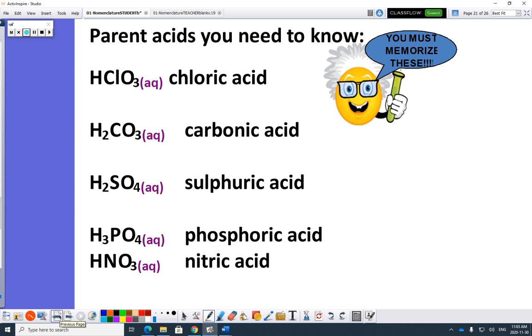So these acids, these parent acids, all come from crisscrossing with the polyatomic ion. So this is chlorate. Do you have to memorize chlorate? No, it's on here. Then you crisscross. Carbonic acid.